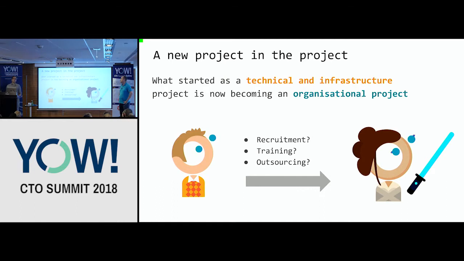Should she train the existing people? How so? Should she outsource because she doesn't know how to do it? And if she does outsource, how to re-own the knowledge eventually? So this project, which was initially completely technical, now takes an organizational shift, and that's something that she needs to acknowledge before actually adopting these new technologies.